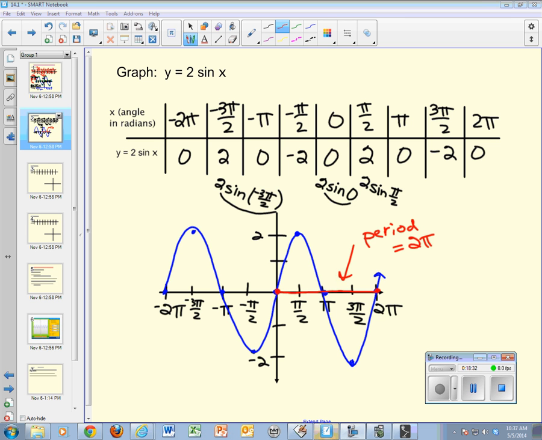And so what we're going to be thinking about each time is breaking that period up into these chunks, these sections, so that we get our x-intercepts and our max and our min. Okay, so this we really broke up into 1, 2, 3, 4 different sections.